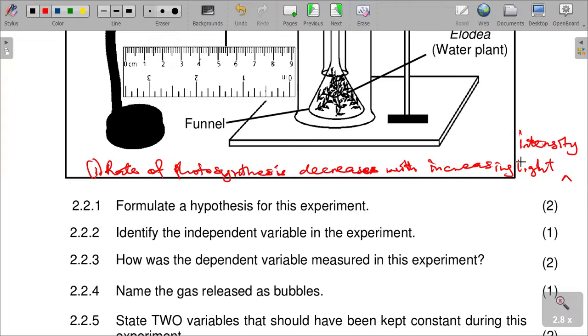Or I can say the rate of photosynthesis increases with increasing light intensity. I can say it decreases or it increases with increasing light intensity. Or I can as well say that light intensity has no effect on photosynthesis, as another point that I can say.